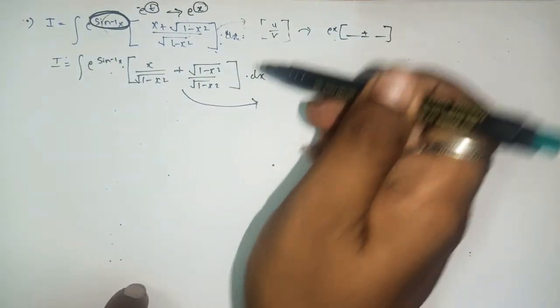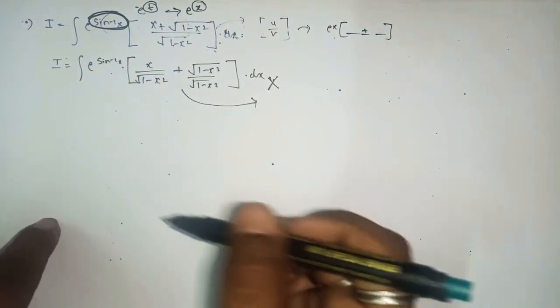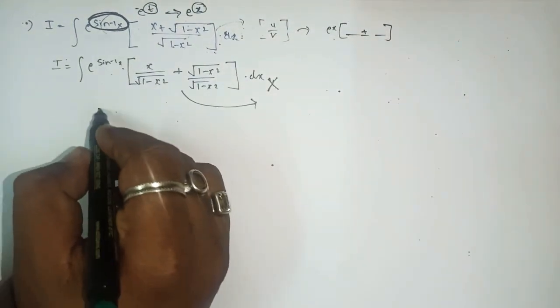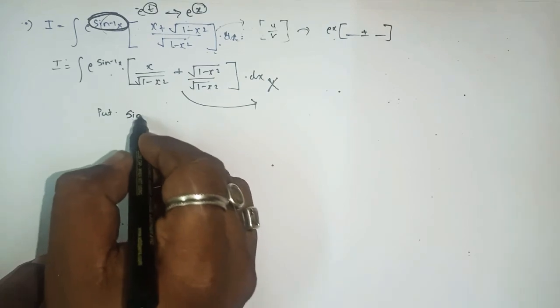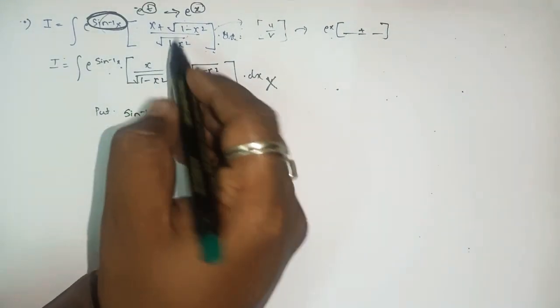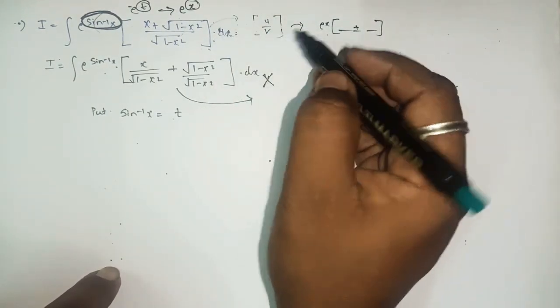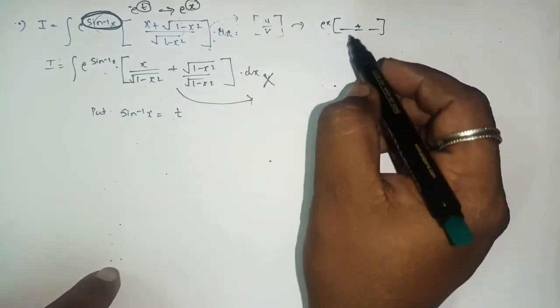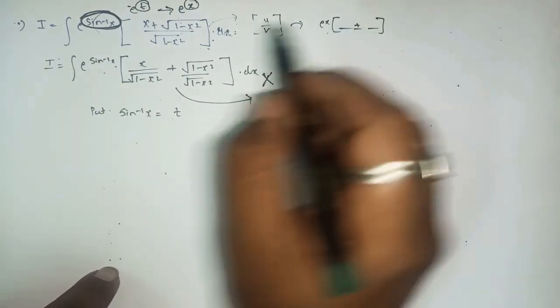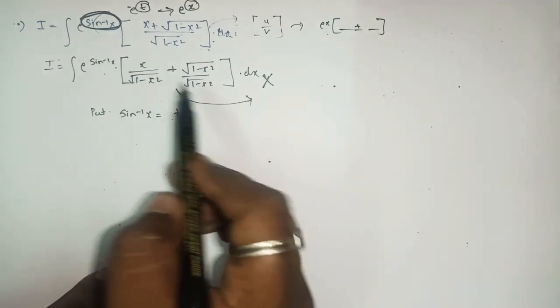So there is one more method for this sum. Directly you can start with what? Put sine inverse x equals to t. If you do this adjustment, because as I told, whenever it is in the form of u by v, try to separate the term in such a way that you must get two functions. As clearly we can see that here we have only one denominator, so we can separate the denominator.